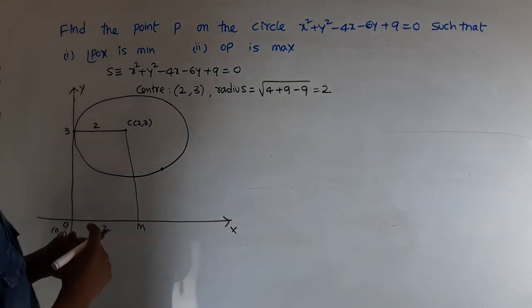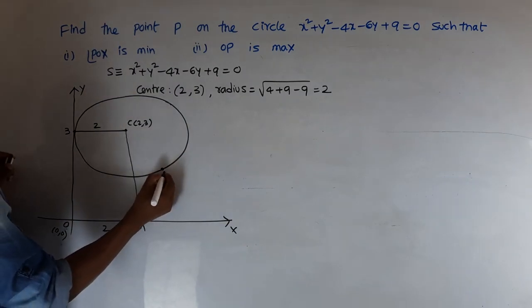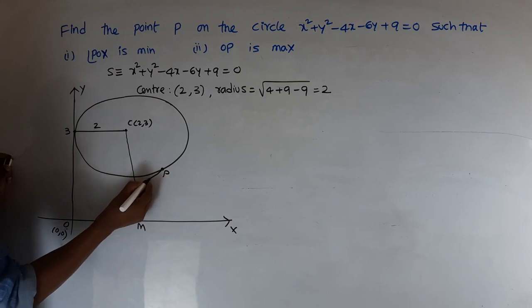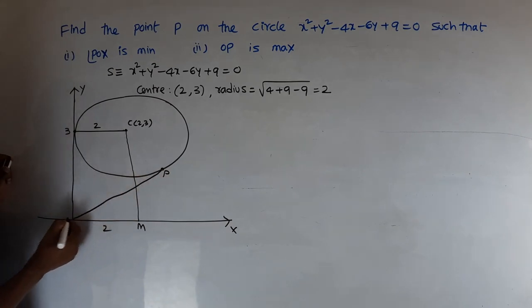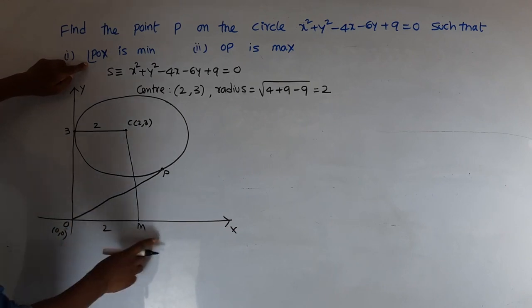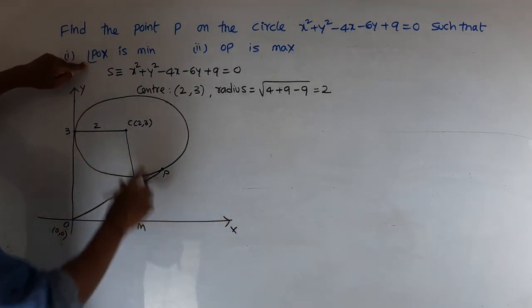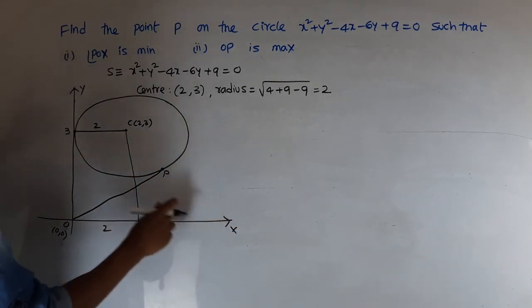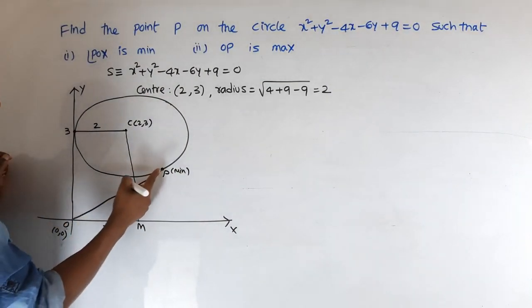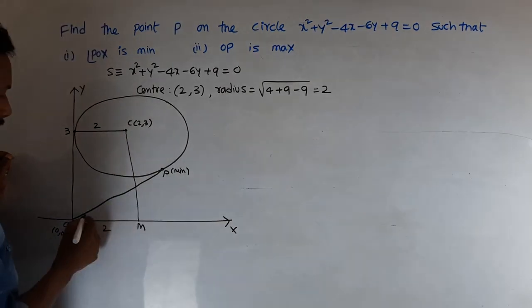Find the point P on the circle. Let P be this point on the circle. Join OP. Angle POX, where X means the x-axis, is minimum, so point P is the minimum. Let angle POX be theta.